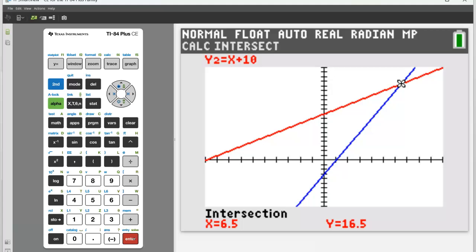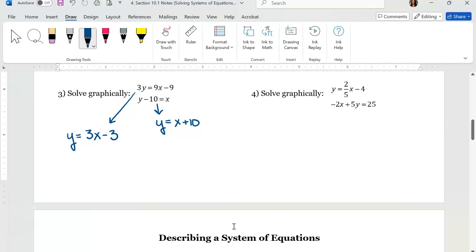And there we go. The intersection, you don't have the answer until it says intersection at the bottom, is 6.5, comma 16.5. So we'll go back here and jot that down.